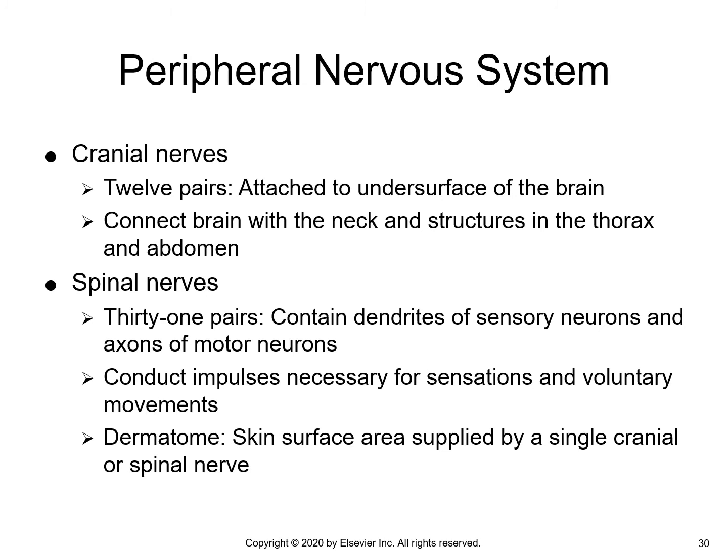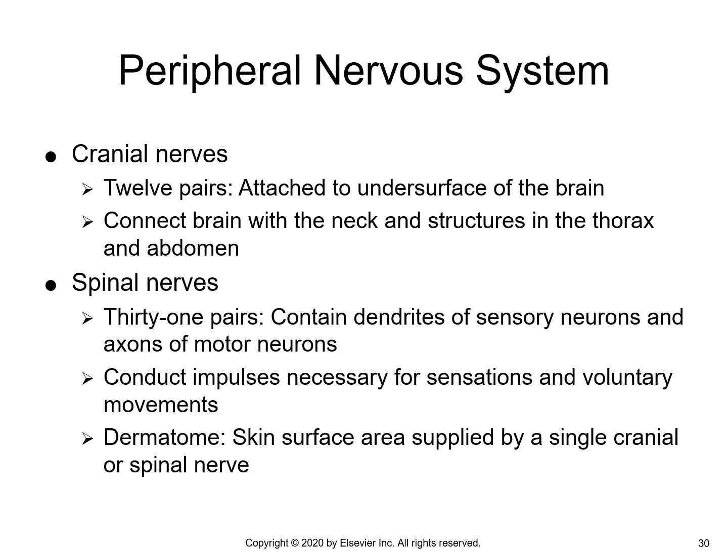So now let's talk about the peripheral nervous system, the cranial nerves. I've always been so intrigued with the cranial nerves. There are 12 pairs of them, which means there are 24 cranial nerves attached to the undersurface of the brain. They connect the brain with the neck and structures in the thorax and abdomen.